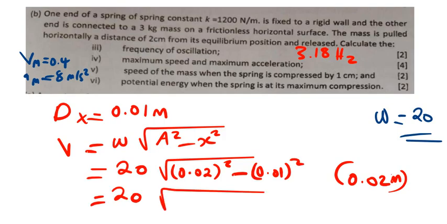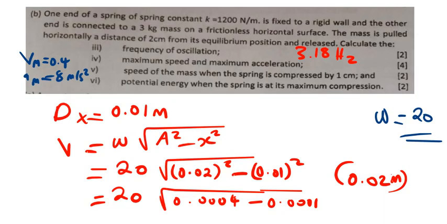20 times the square root of 0.02 squared, that gives me 0.0004. How many zeros? 4. Minus 0.01 squared, this will also give me 0.0001, then you subtract the two.